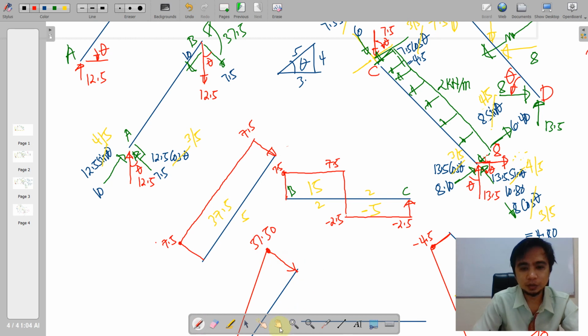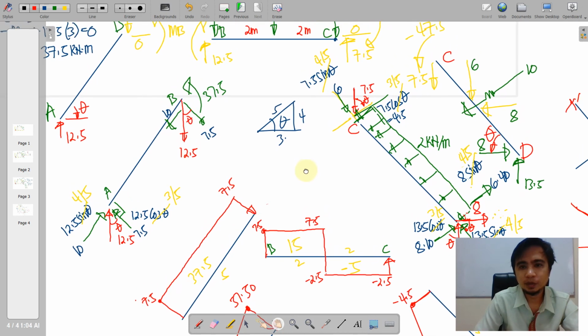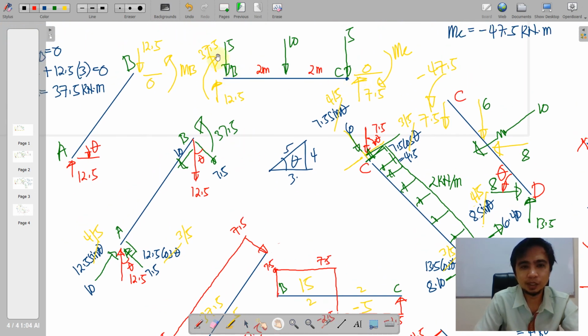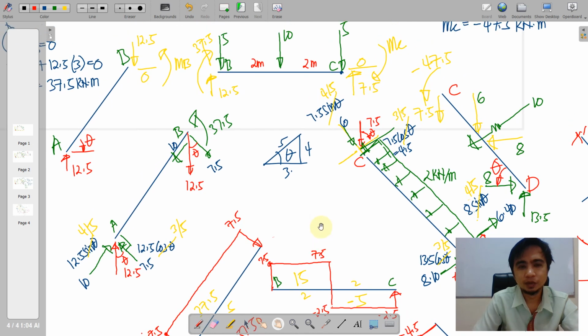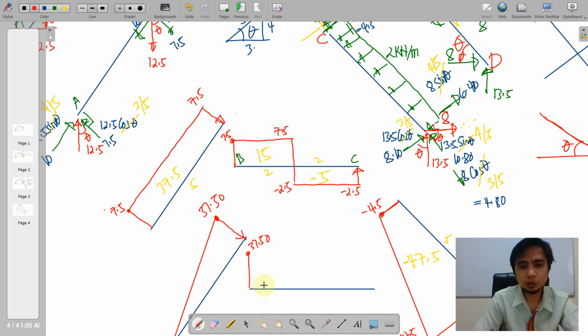Okay, so we also note that this 37.5 apparently will transfer to your beam BC, that is 37.5, and it will bend our beam outwards. So when it is outwards, that is denoted by a positive couple starting at B. So we place it here, and then we also add here the positive area.